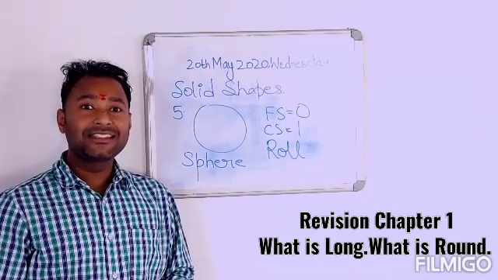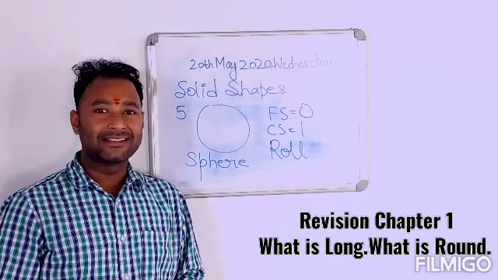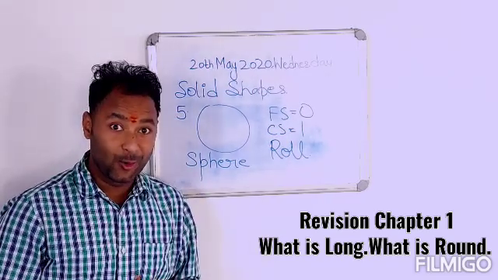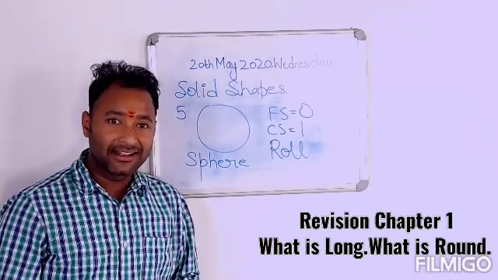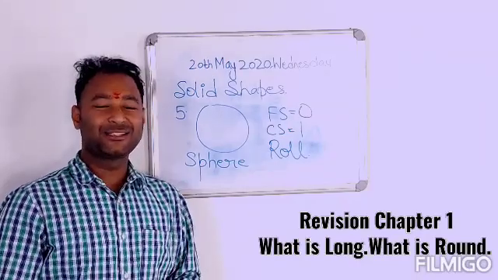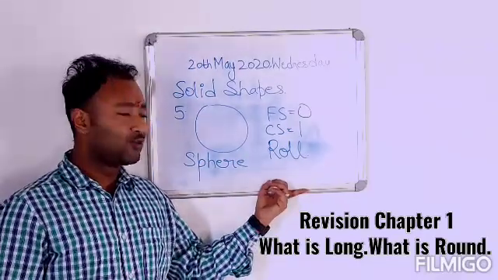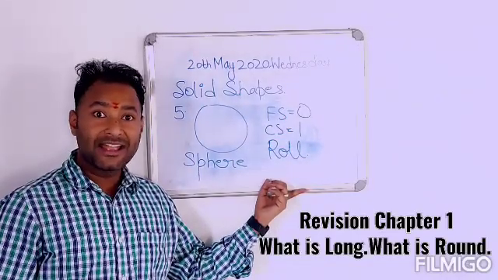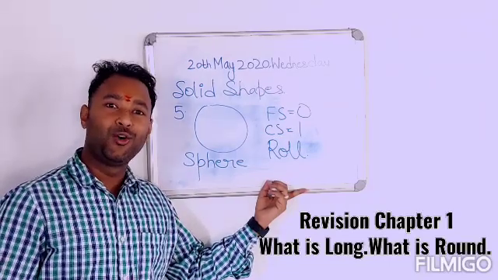The solid shapes are: first cube, second cuboid, third cylinder, fourth cone and the last one is sphere. So you have easily got to know which objects can slide and which can roll.